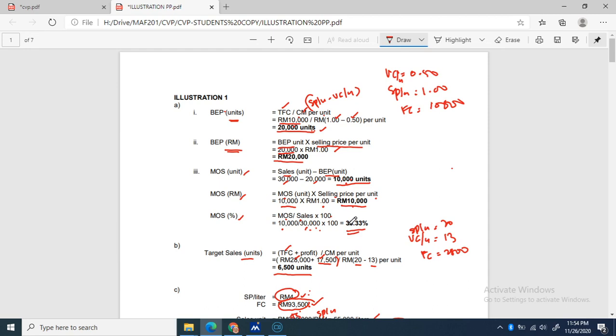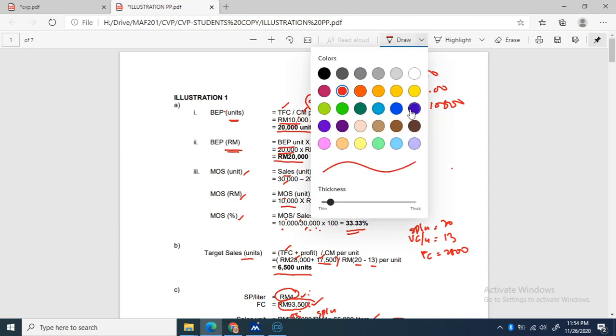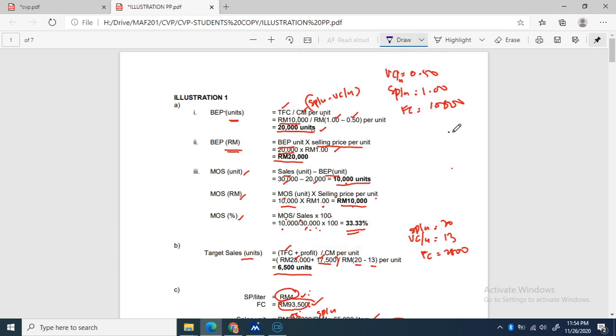But if you forgot the formula, you can use the equation method. We refer to the basic equation. So what is the basic equation? BEP means the profit is zero. How to get the profit?